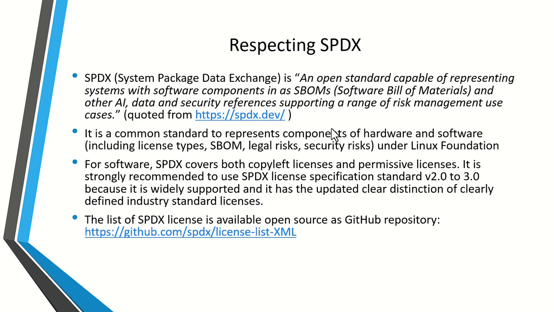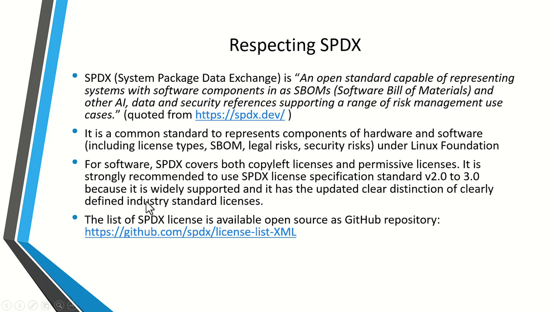I mentioned clear definition because some licenses are hard to understand and hard to differentiate from other kinds of license, even if they are under the same category of either copyleft or permissive. Sometimes the wording, for example AGPL, LGPL version 2, when I was trying to understand and learn, it's hard to differentiate.